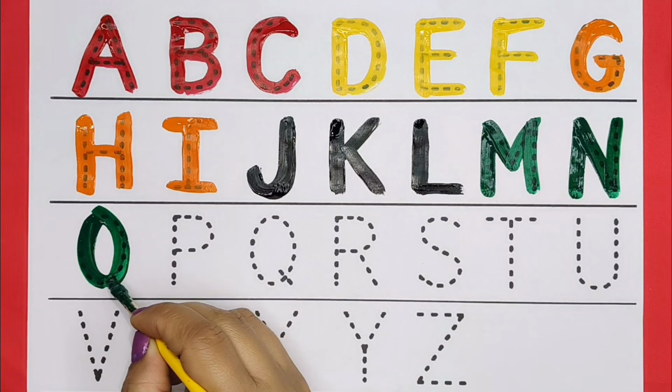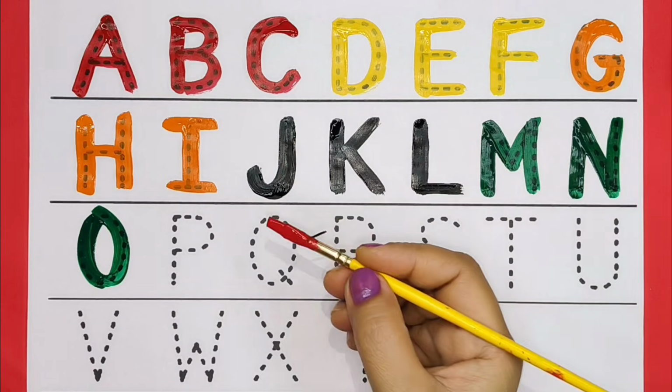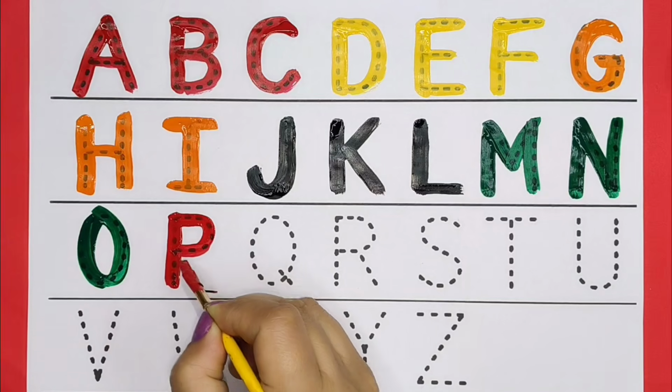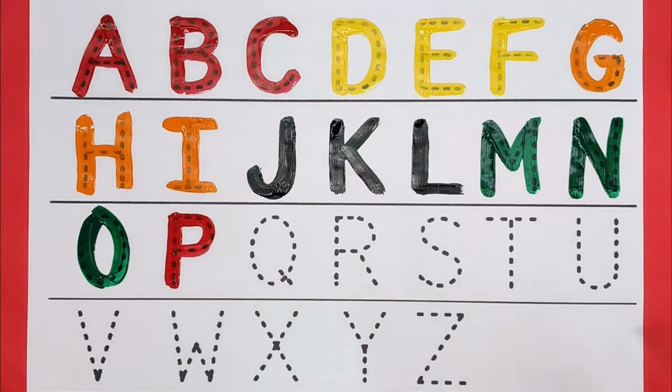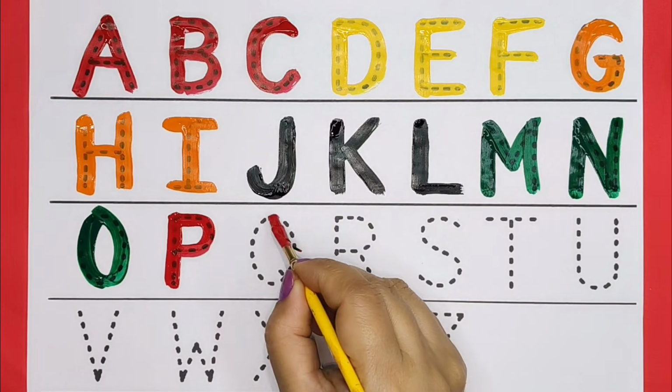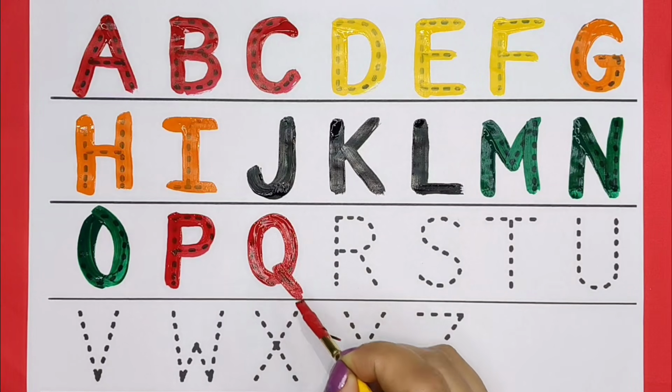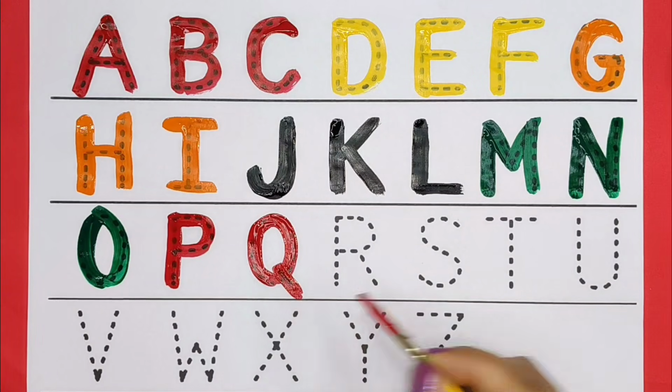O, O for onion. Red color. P, P for pencil. Q, Q for queen.